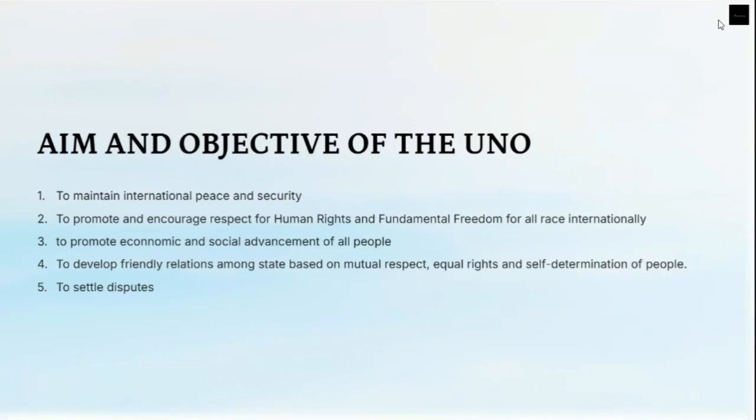Now, if Iraq and Israel are fighting, USA can come in and say, we want peace. You guys should stop fighting. Let's promote peace. Or Nigeria can say, let's go and speak peace in this country. They are fighting. So their purpose is to settle this. That's the aim and objective of the United Nations Organization. Remember, they still remain a strong power in the whole world.